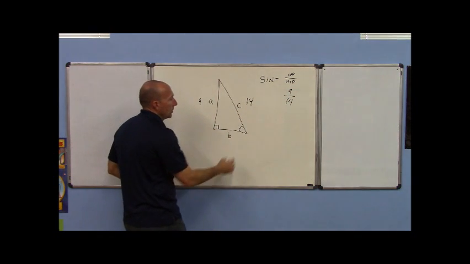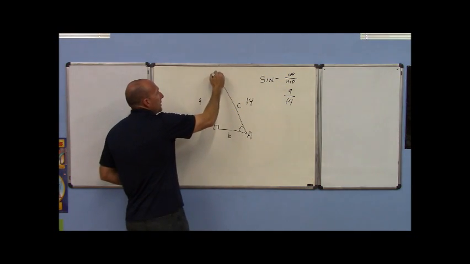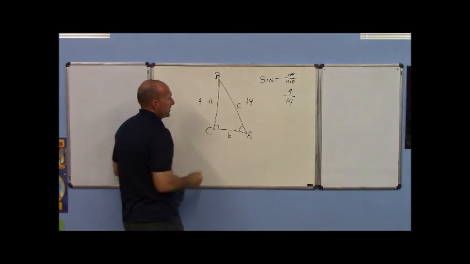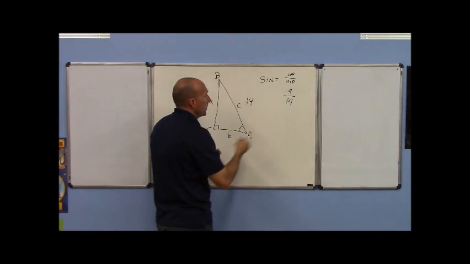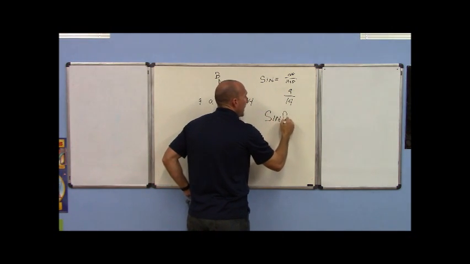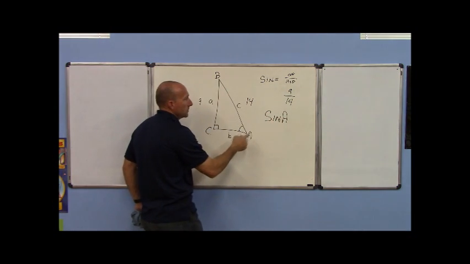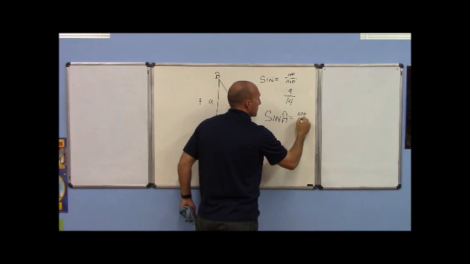Sine of angle A. Okay? Angle B, and then this would be angle C. Now how we would actually write this is sine of A, capital A meaning an angle, and then that's going to be opposite over hypotenuse.